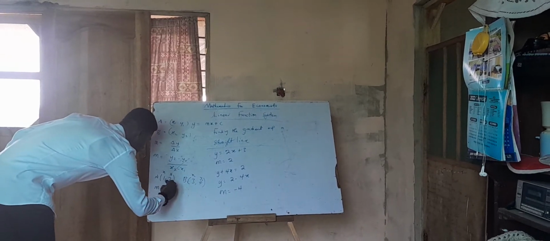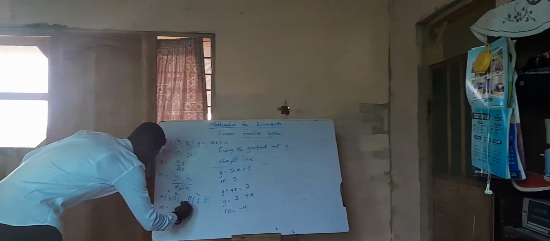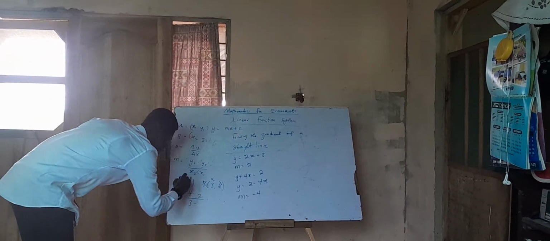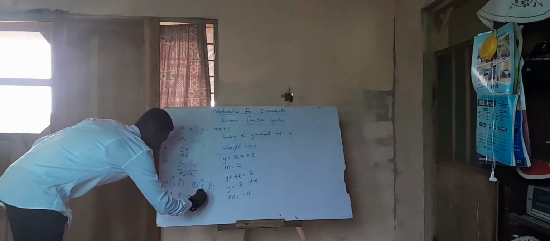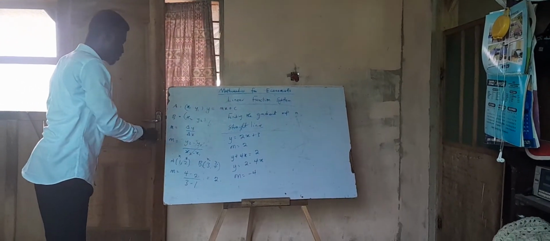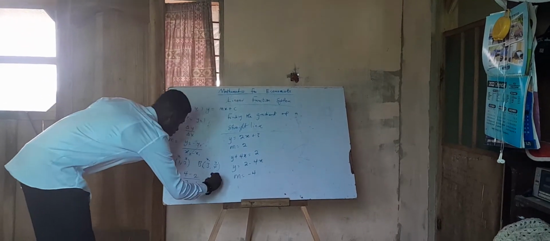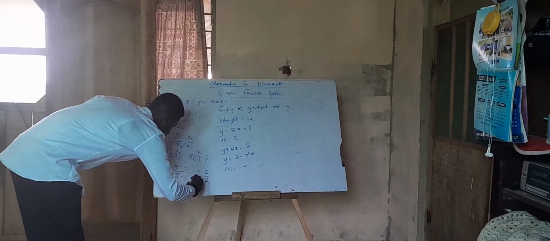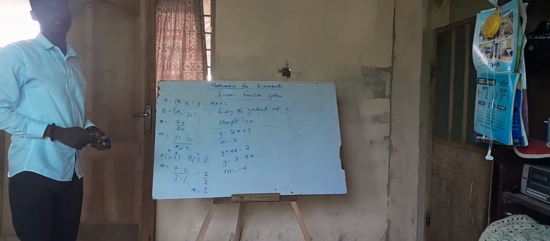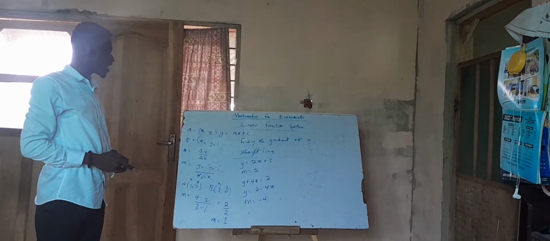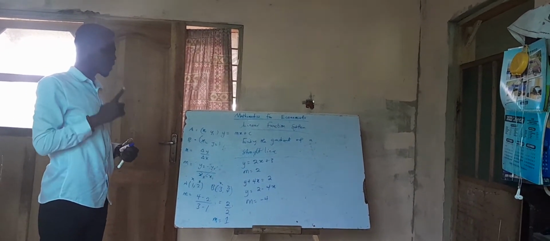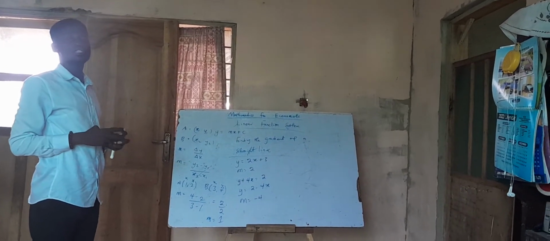Our y2 is 4, minus our y1, which is 2, all over our x2, which is 3, minus our x1, which is 1. Now 4 minus 2 becomes 2, and 3 minus 1 also becomes 2. So our gradient m is equal to 2 over 2, which is equal to 1. This is how to find the gradient of a straight line when you are given two points.